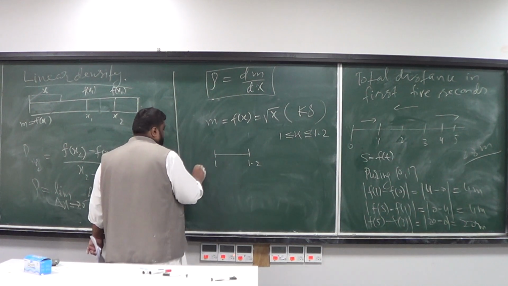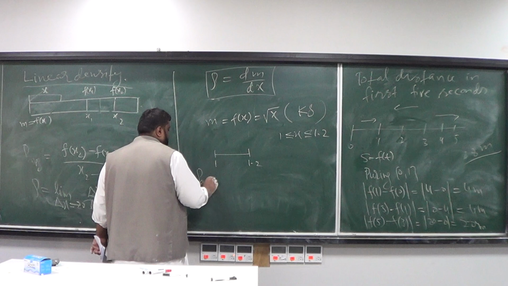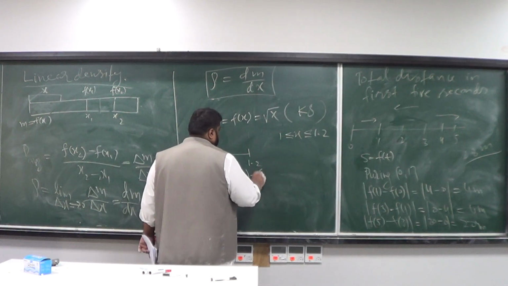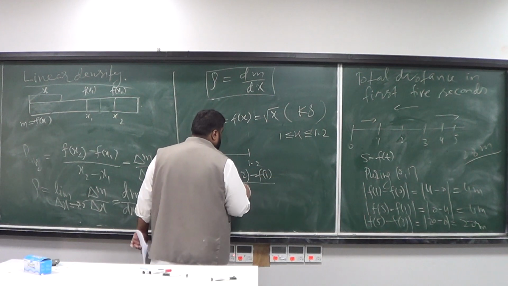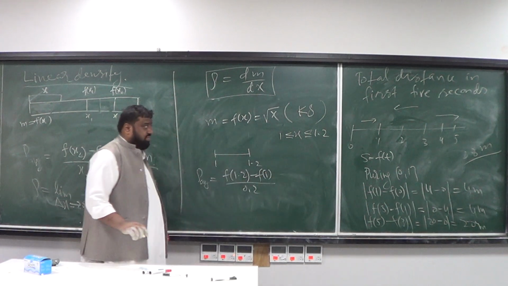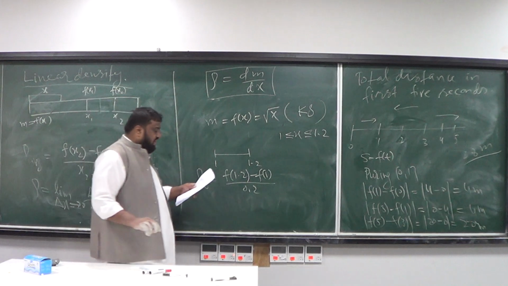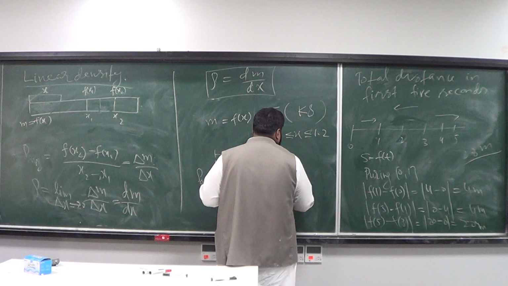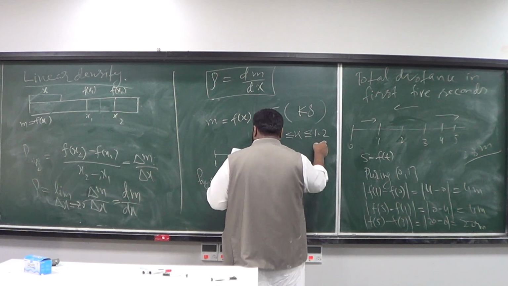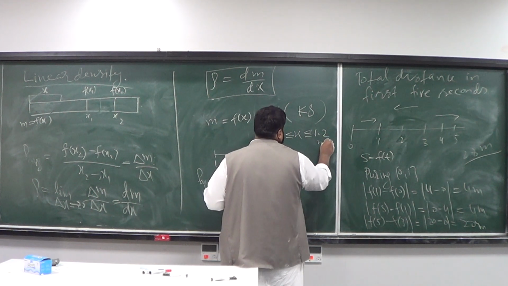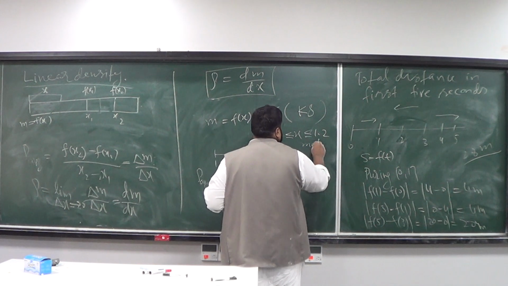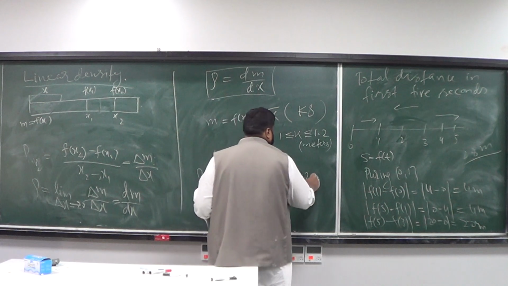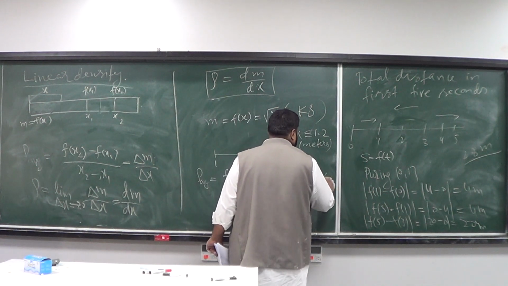The average density is not difficult to calculate. You need to calculate f of 1.2 minus f of 1, divided by 0.2. When you calculate it, it is approximately 0.48. Imagine the length is measured in meters, so it's 0.48 kilogram per meter.